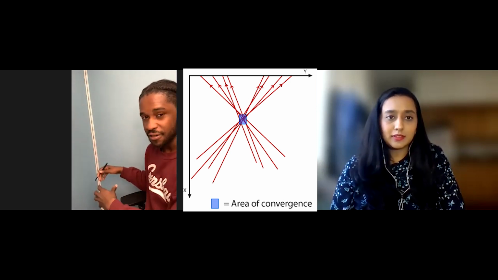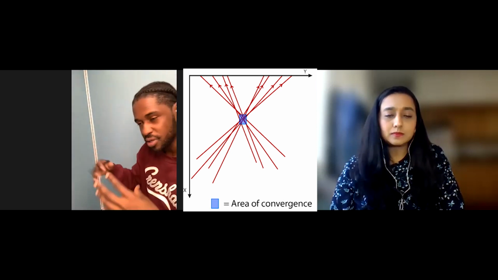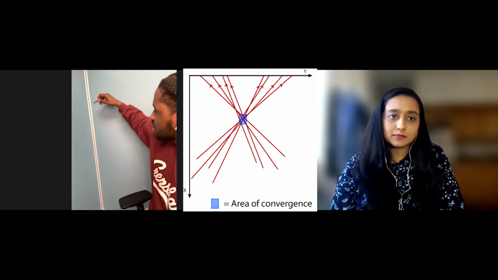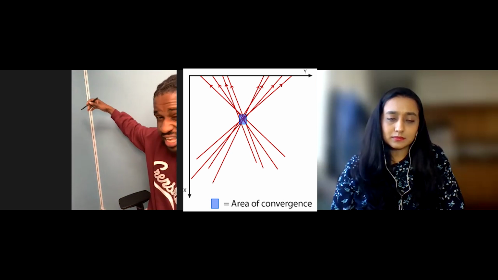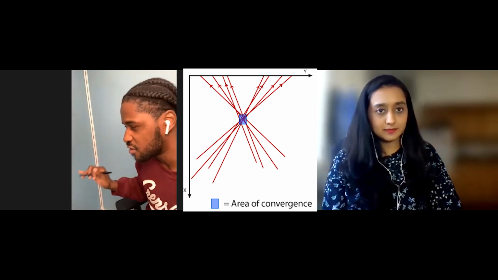That's where you use the angle, the directionality, and all those details, put them in a little mathematical equation, which we don't have to get to today, and you get the area of convergence. So now with that, you get the area of origin.